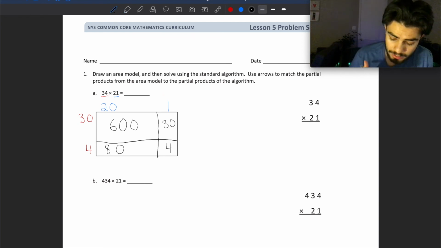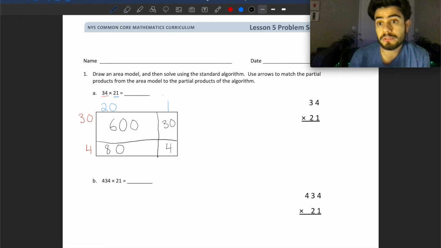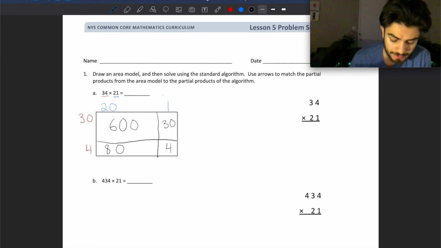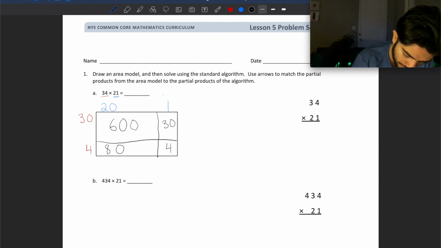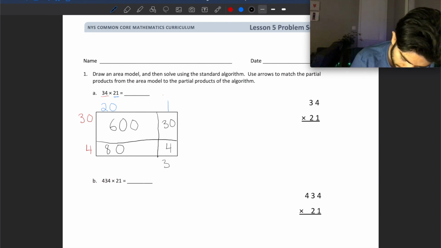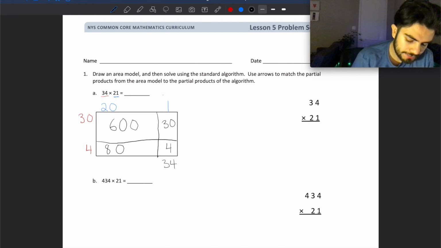Okay, so now let's show how our partial products are going to look. And in order to do that, I'm just going to simply add from the top down. So I got 30 plus 4 is going to give me 34. Then I have 600 plus 80 is going to give me 680.